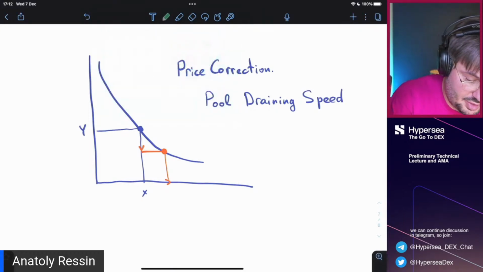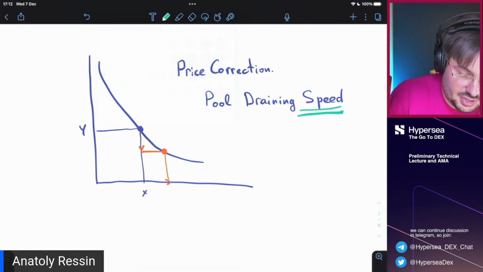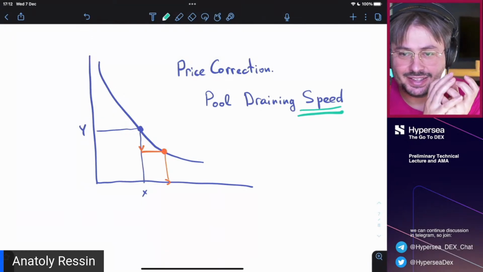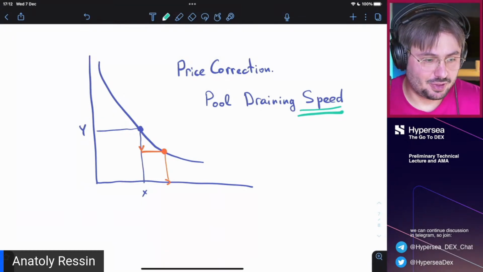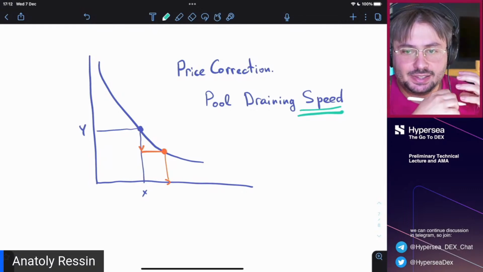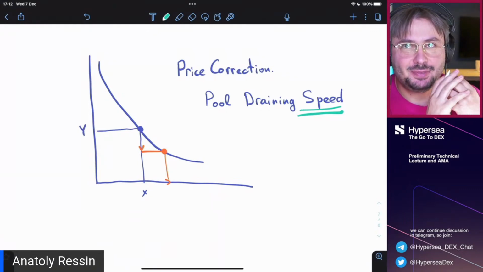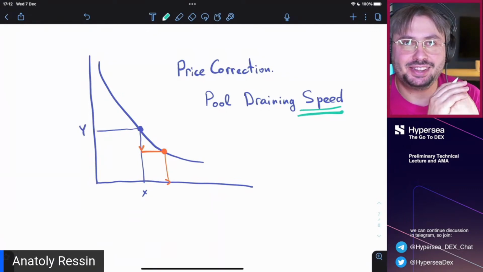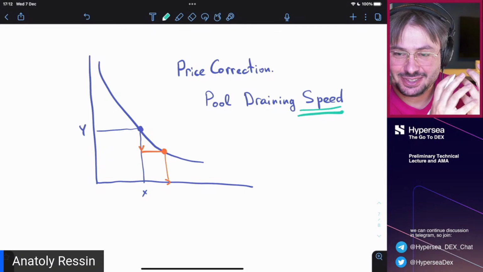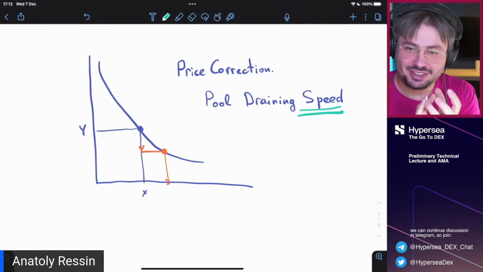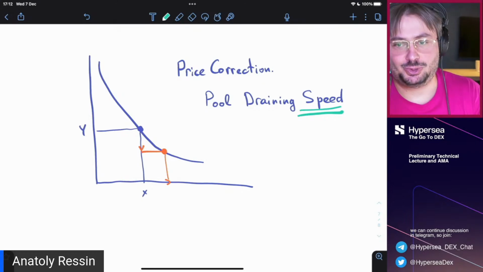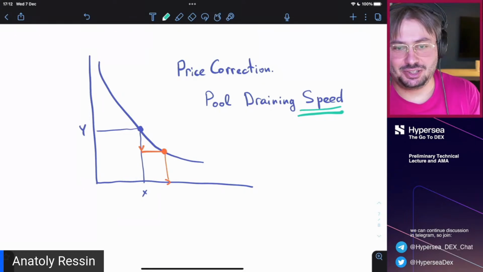And this is very important, because in traditional pools, price is changes only when your reserves are already drained. If they are already moved, then the price is changing.